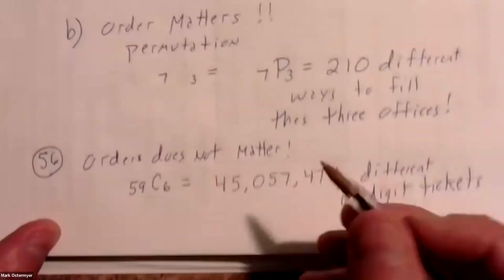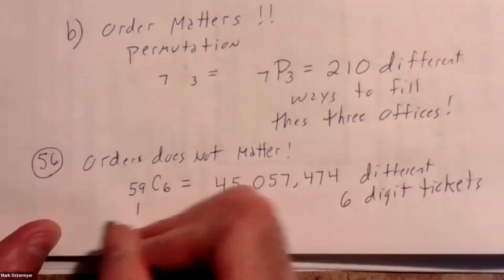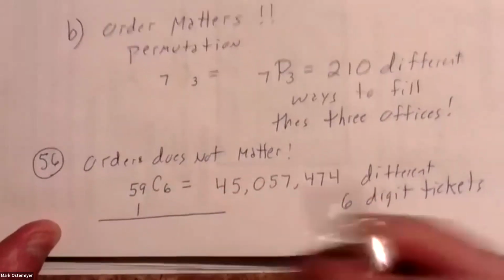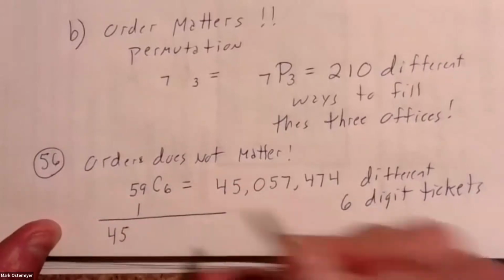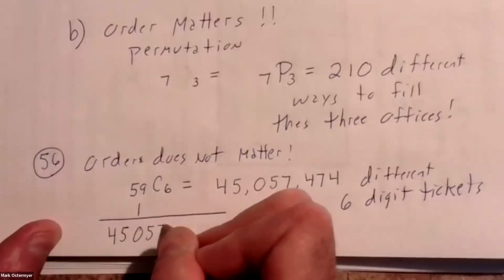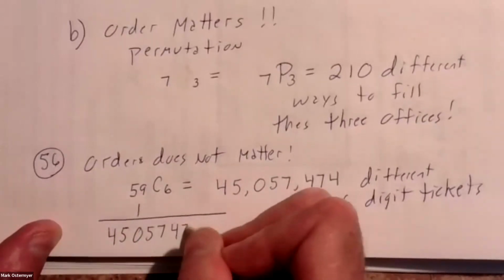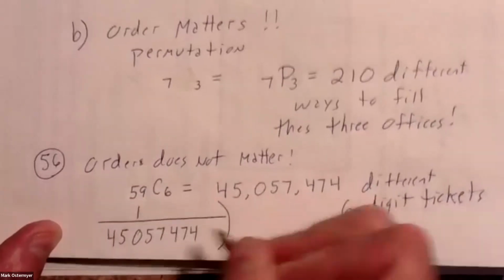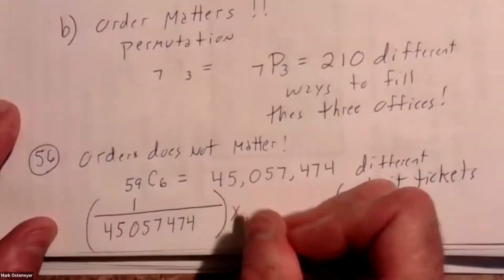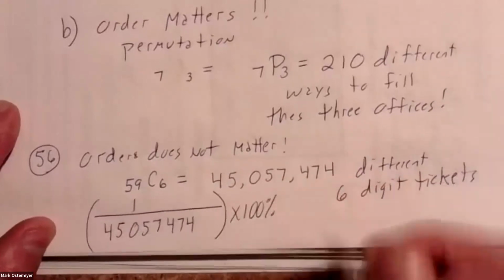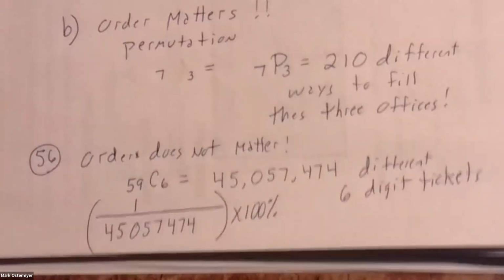One. So what's your probability of getting the right ticket? 1 over, you ready for this? 45,057,474. Work that decimal on your calculator, multiply it by 100%, and you have your probability or chance of winning that lotto.